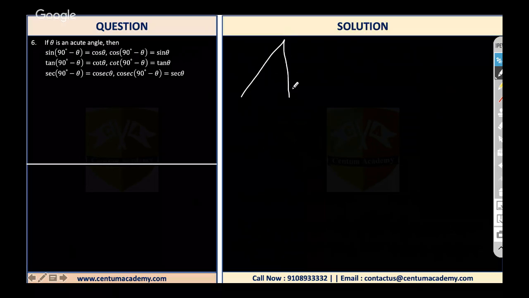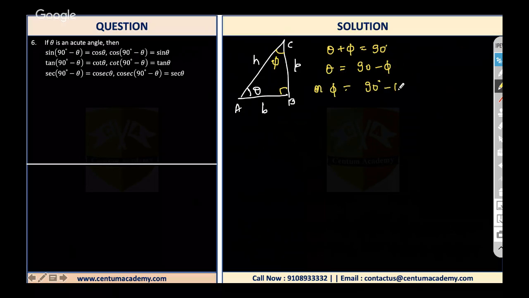If you see, this is my theta, and this is P, this is B, this is H, and let's say the vertices are A, B and C. Let's say this angle is phi, angle C is phi. So clearly theta plus phi is equal to 90 degrees because this angle is 90 degrees. Hence theta is equal to 90 degrees minus phi, or phi is equal to 90 degrees minus theta.